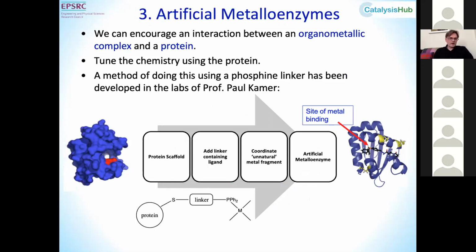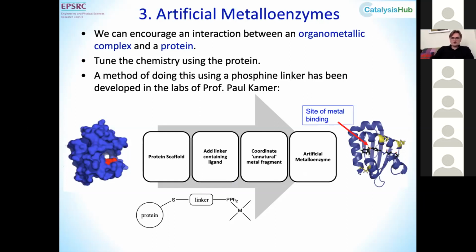So the example that I'm going to use in this talk was first developed in the labs of Professor Paul Kamer. And what they did was they started with a protein, and then the protein cysteine residues were reacted with an organic linker, which was then attached to some sort of ligand.